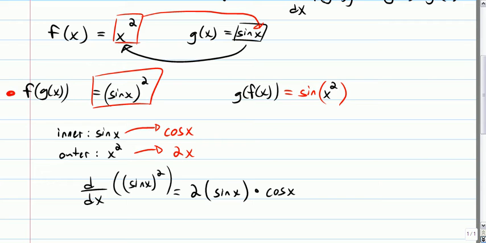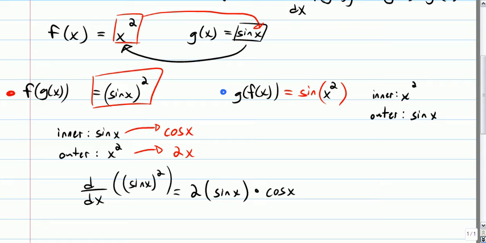The other one, you've got this blue bullet. You flip-flopped your inner and your outer. The inner, that's the x squared, and x squared gets plugged into the sine function.